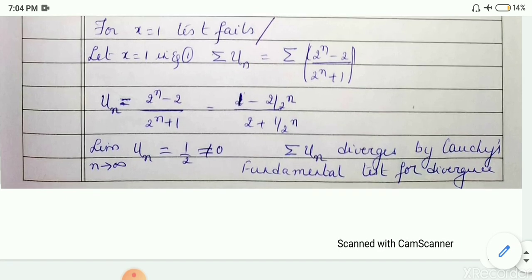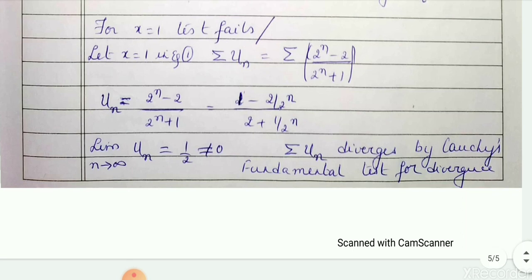Then when you are not able to go for comparison test, that means when you are not able to choose Vn, the last test for us is the Cauchy fundamental test. This test is only applicable as a test for divergence.